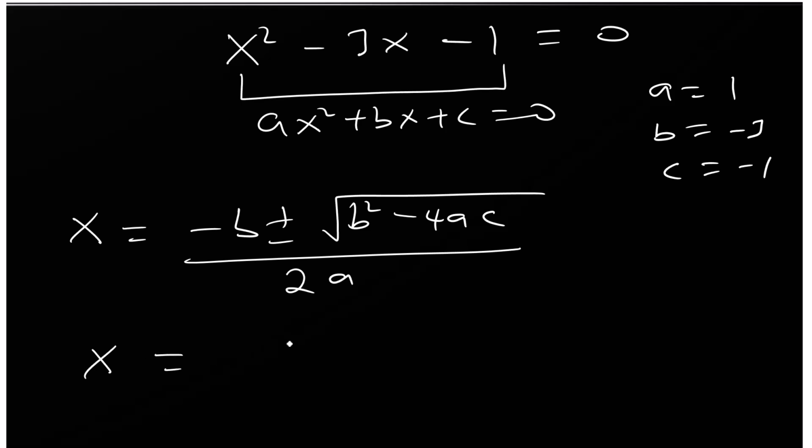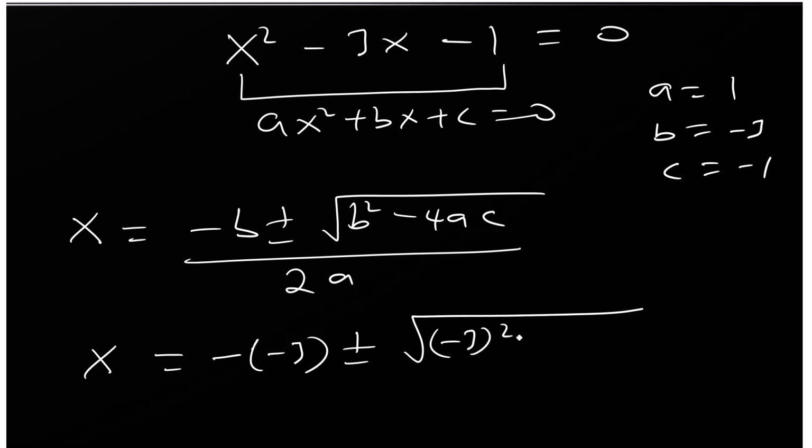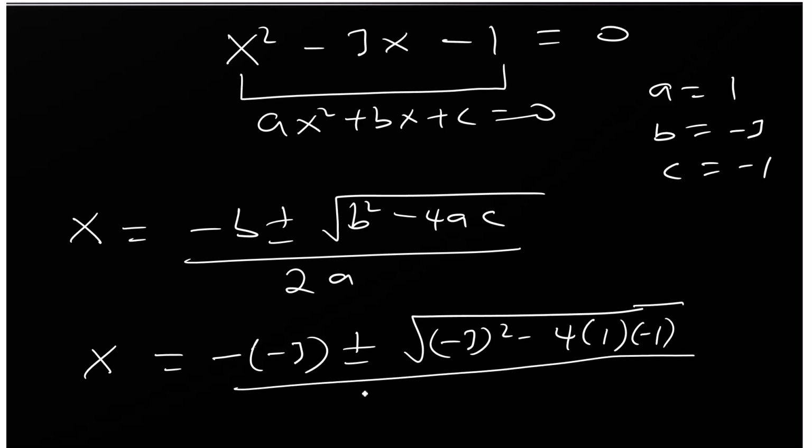So we have minus b, that is 3, b squared, 3 squared, minus 4 times 1 times minus 1, over 2a, 2 times 1.